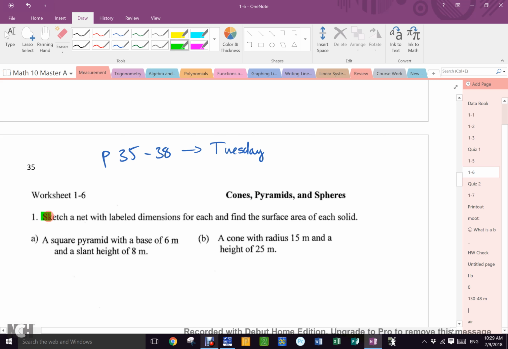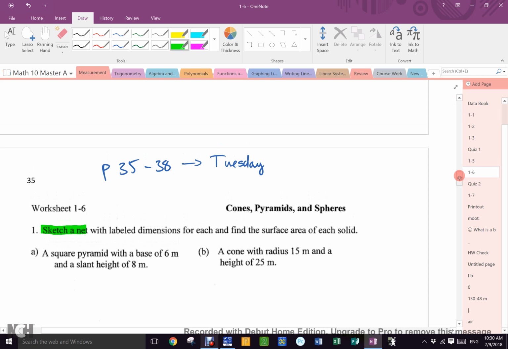Do you all know what I mean by sketch a net? No. No. Sketch the shape. What makes the pyramid? So let me give you an example.